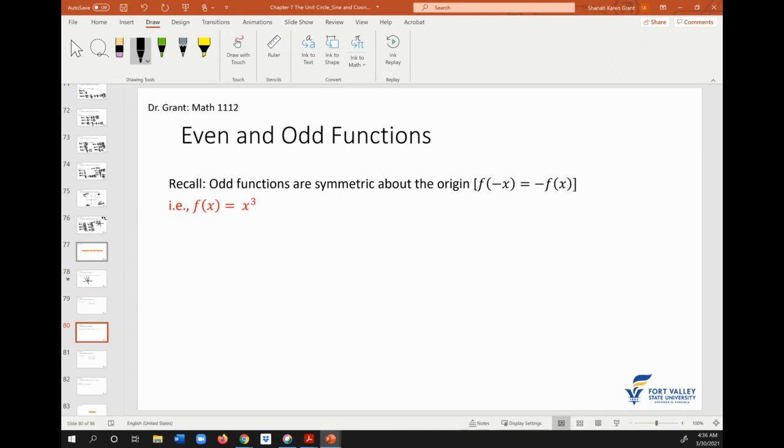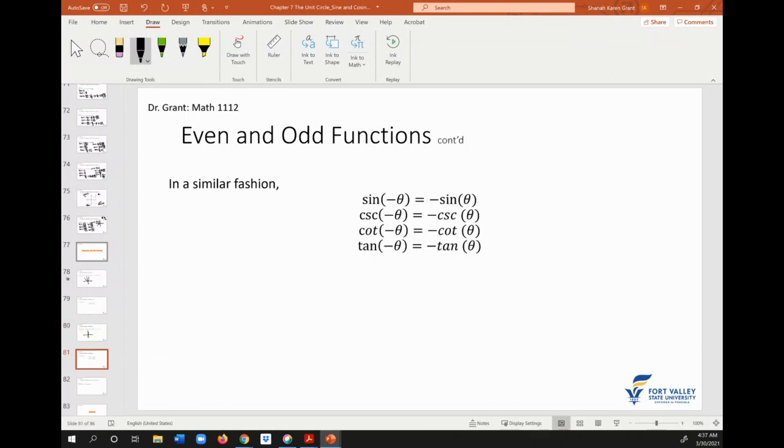Additionally, we have odd functions. For the odd functions, these are symmetric with respect to the origin. So for instance, if we recall x cubed, you see that it's symmetric with respect to the origin. And these functions are the remaining four functions. So if you want, you could just study that cosine and secant are your even functions, and then everything else is odd.